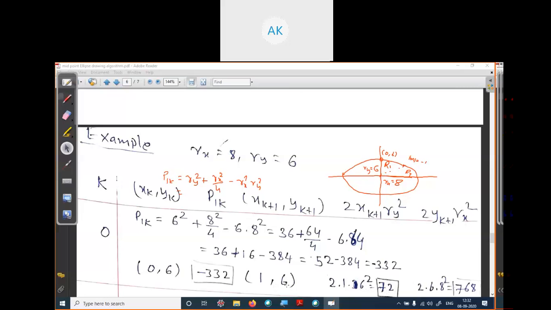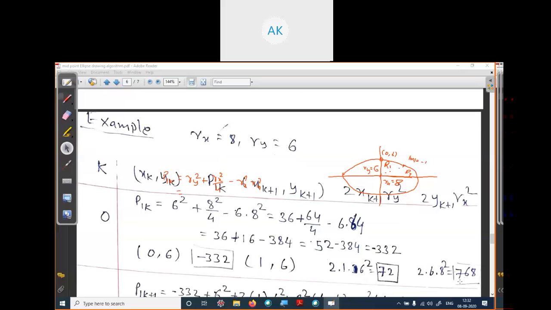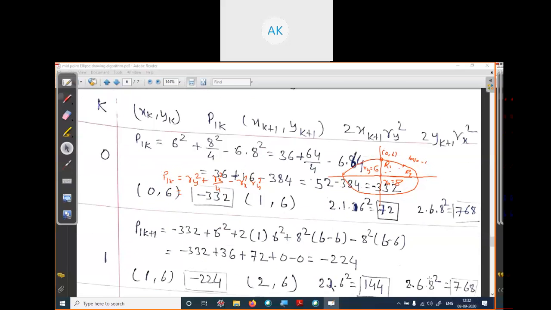Yk plus 1 is 6, so 2 into 6 into 8 square, you will get the value 768. Check whether this value is greater than this. No, so you are in region 1. When the left value is greater than the right value, you have entered into region 2. Here it is less, which means you are still in region 1. So calculate again for region 1 values.